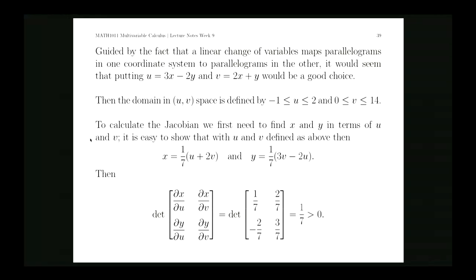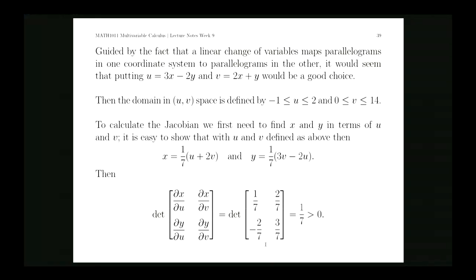Now I can calculate the Jacobian. So the first row, partial dx du, partial dx dv, that's just 1/7, 2/7. Second row, partial dy du, partial dy dv, that's easy. Calculate its determinant, this times this minus this times this, I'd get a 7th.